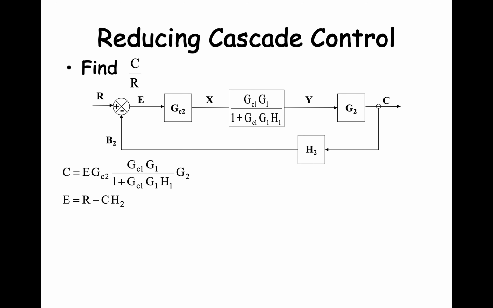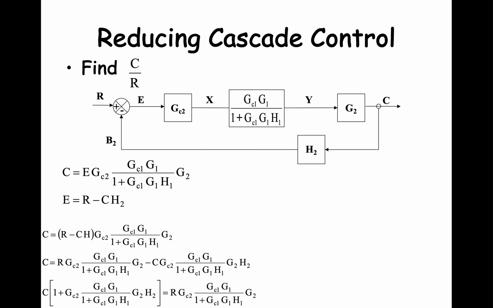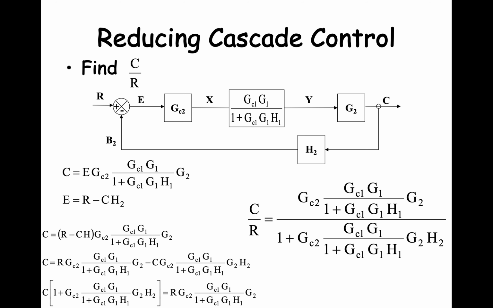Again, we write the transfer functions starting at the output C. The second equation is for the error term. Then we go through some algebra to separate out R. When we are done, we get this overall transfer function for C over R. We can simplify this expression by multiplying the numerator and denominator by 1 plus GC1 times G1 times H1.